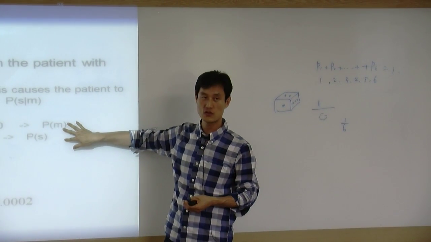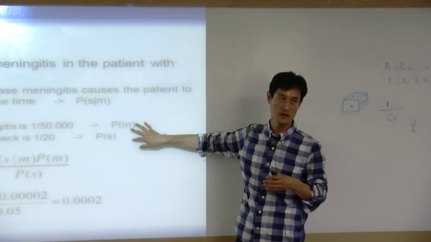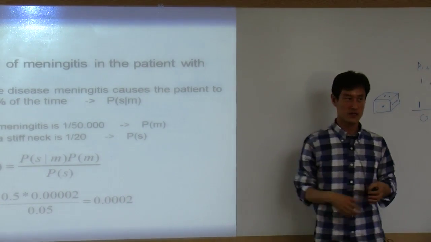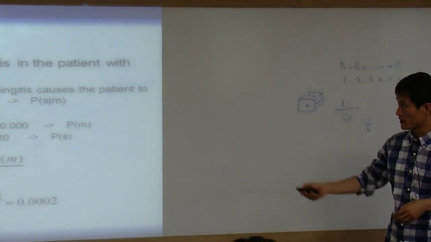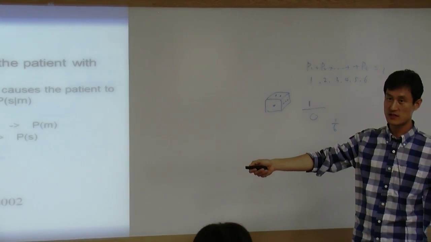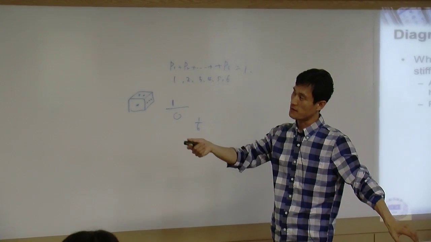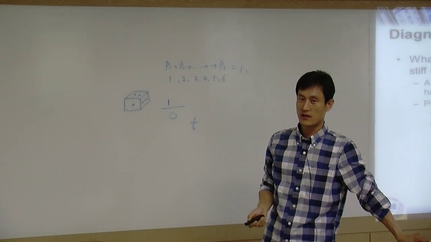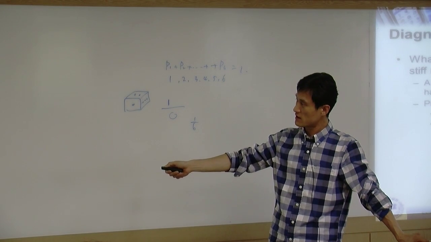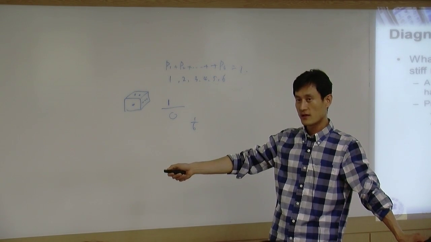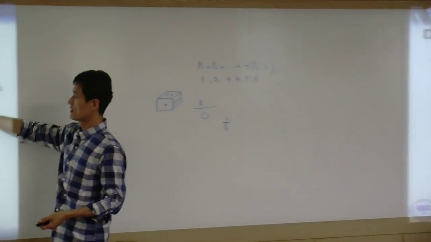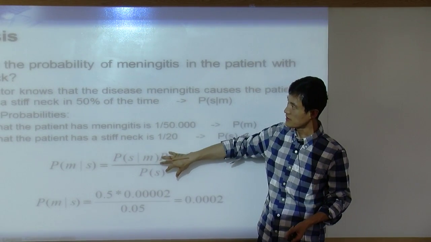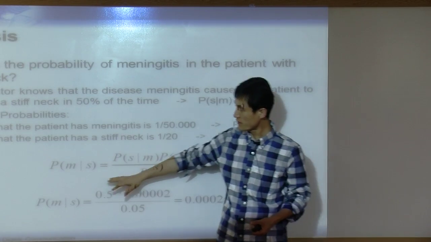So we call these two prior probability. And this one also you can find out easily, because out of these many people who have this disease, you can ask them how many have a stiff neck. So you can easily get this one again. So once you get these three, using these three, put them together in the equation, in Bayes' rule, now you can find out this one.